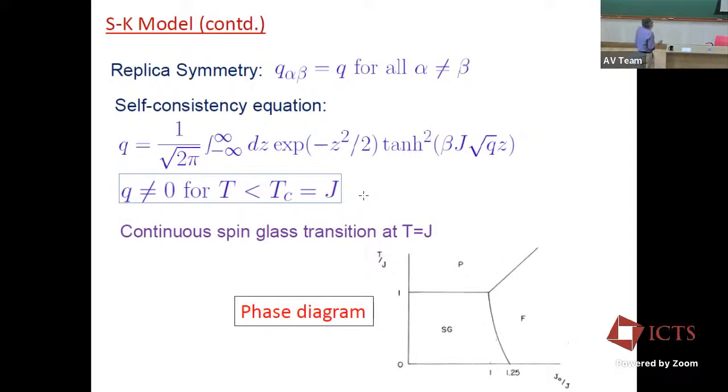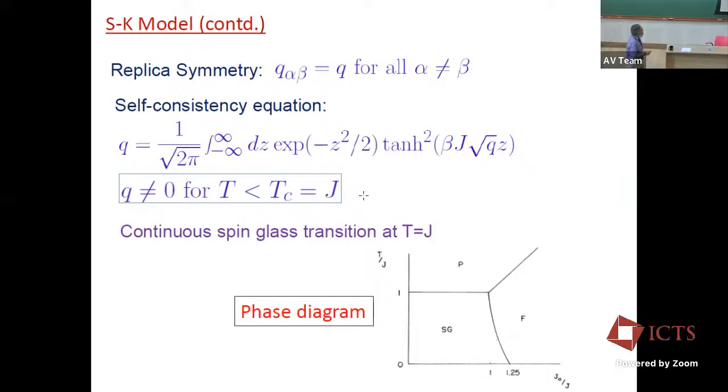And to do that, we can say that it's a continuous transition. So near the transition, this Q is small, and then you do the expansion of this hyperbolic tangent in a power series. The first term will of course go to 0 because it is linear in z, and when you integrate with respect to z, that will give you 0.